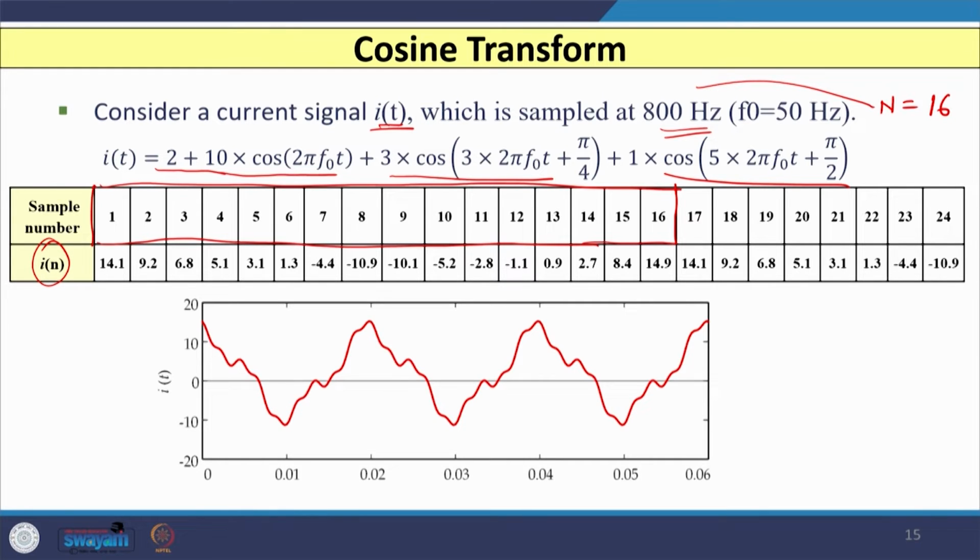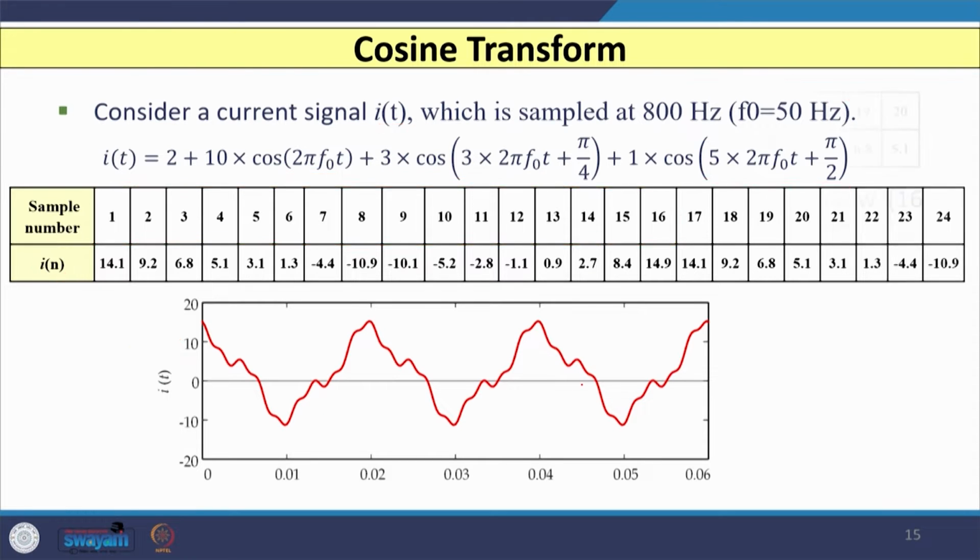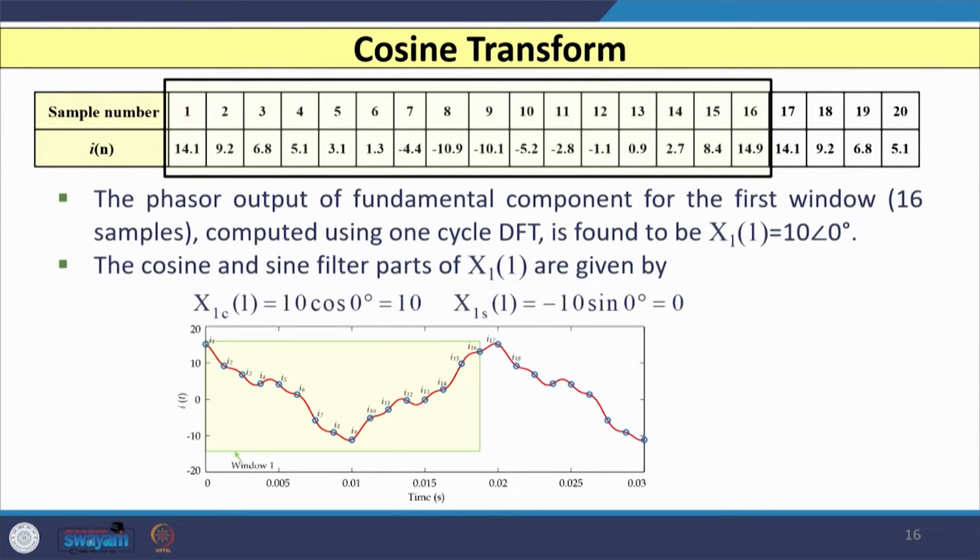Now, the same signal i(t) looks like this. If I consider the first window, which contains sample numbers from 1 to 16 as shown here, there are 16 samples in this window. Let us call this window 1.